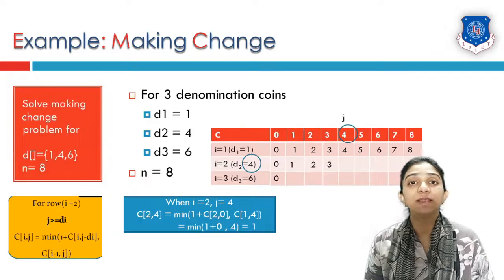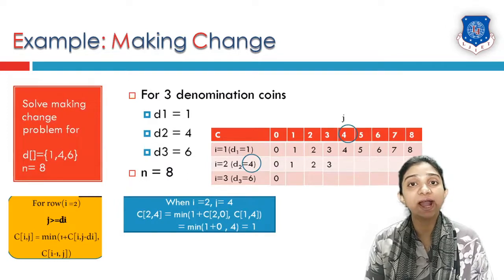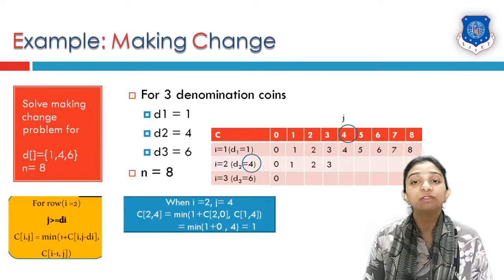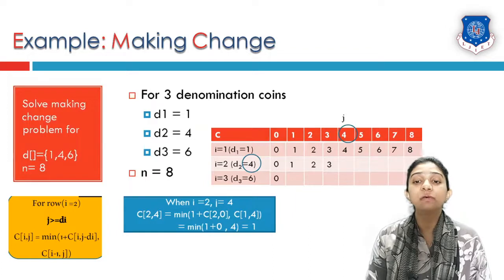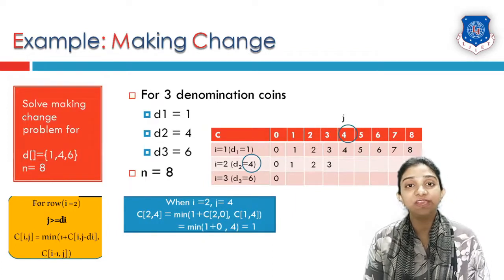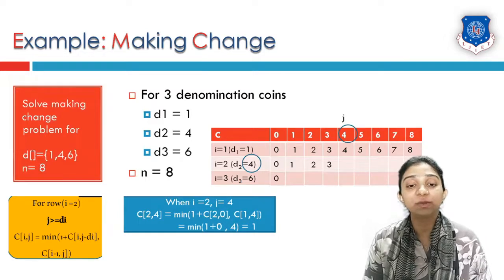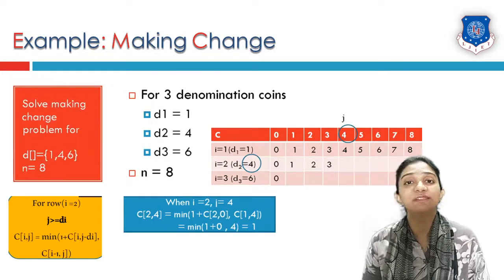Now for cell number 2 comma 4, here j is greater than or equal to di, which is equal to 4. So 4 is greater than or equal to 4. So we will apply the third formula. C of ij is equal to minimum of C of I minus 1 comma j, and 1 plus C of I comma j minus di.